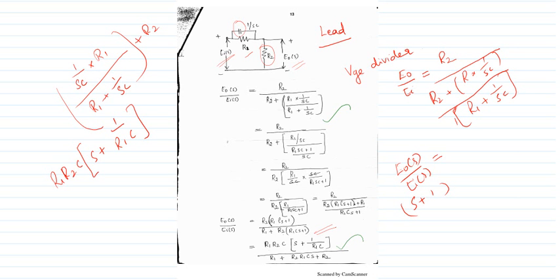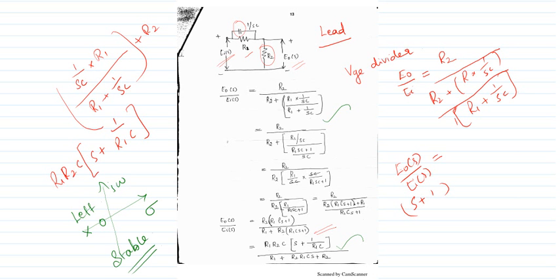Finally, I can find the Laplace transform of output by input, and moreover in the S plane domain I have to identify the zeros as well as the poles. So whenever I have the poles and zeros on the left half of the S plane, my system is going to be stable. Okay, so this is how the lead compensator is working.